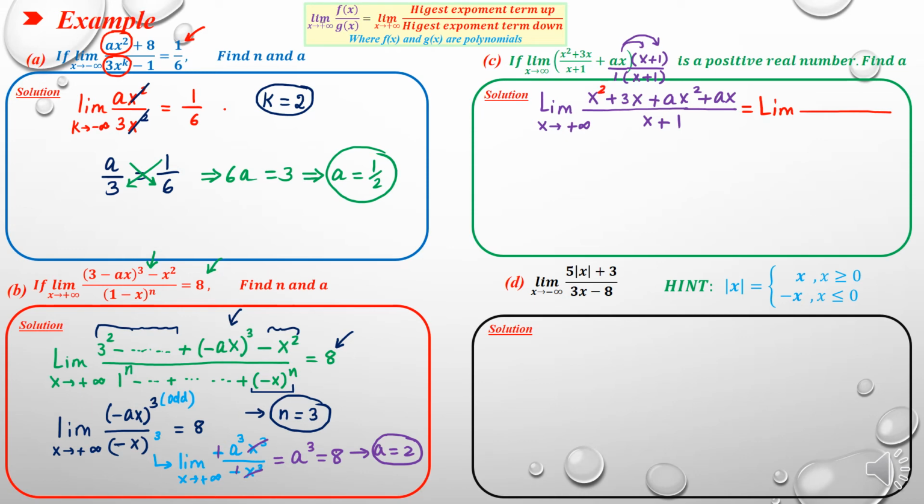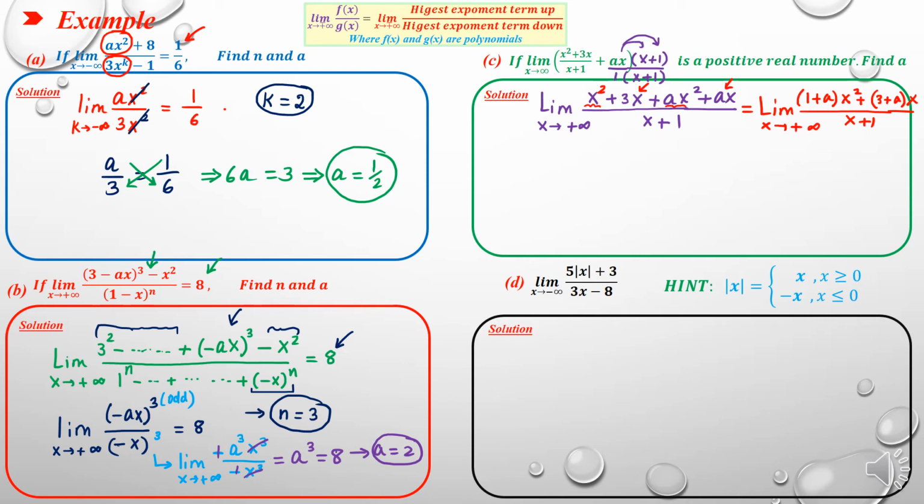Here we have x squared, so it will be 1 plus a times x squared because these terms are similar, and again we have 3x, which is similar to ax, so we can take x as a common factor and you will get 3 plus a, divided by x plus 1, when x goes to positive infinity.